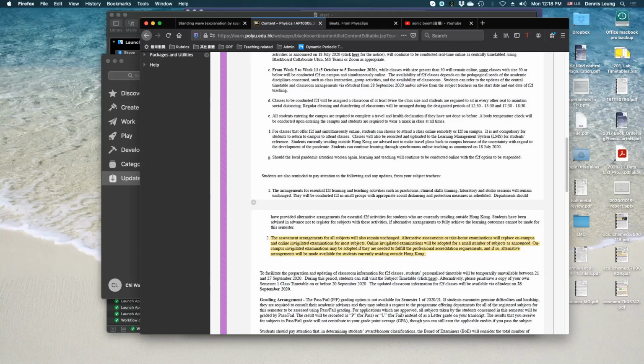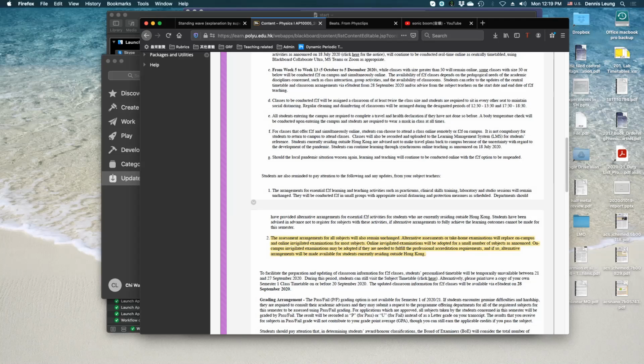As announced by PolyU in September, students outside Hong Kong, we would make suitable arrangements for them. And that basically is an online invigilated examination, meaning that students would be invigilated online. So there would be two batches of students.